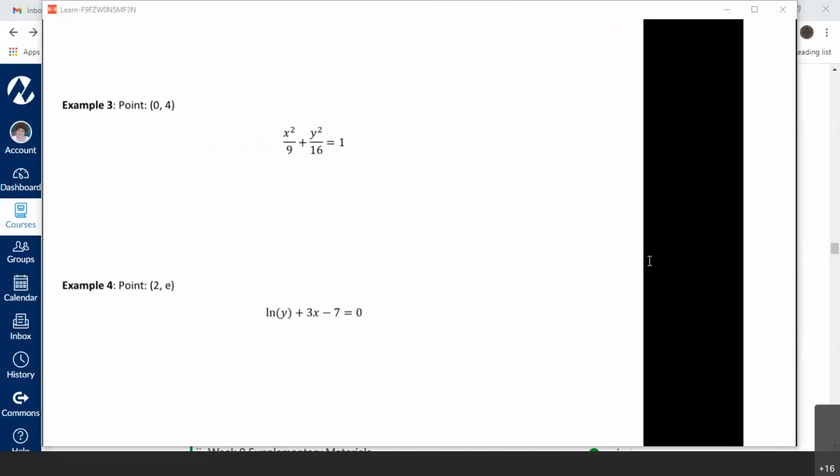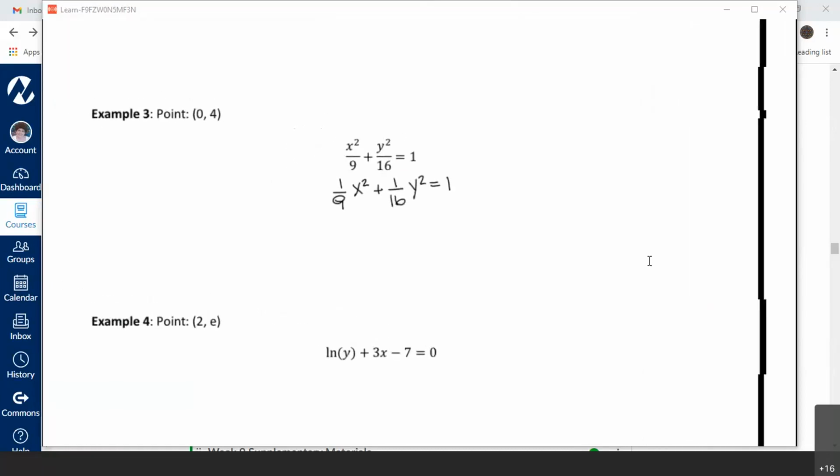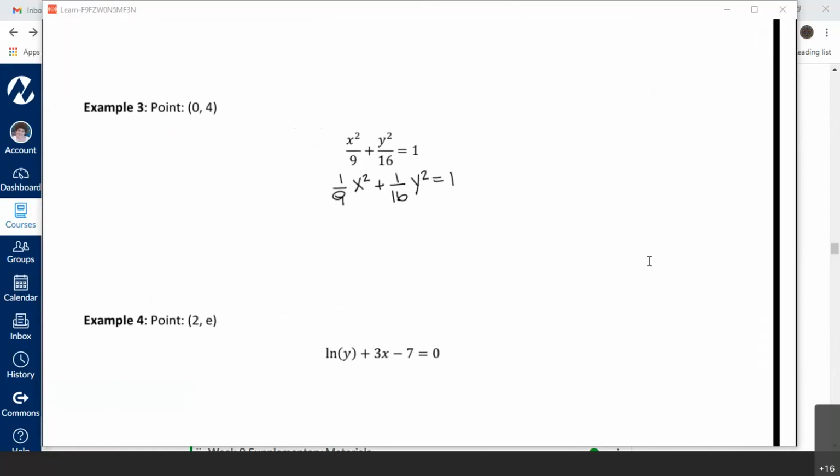Remember, this can be written as 1/9 x squared plus 1/16 y squared equals 1. I'm going to give you some time to do this one. Please type done when you have what you think is an answer.